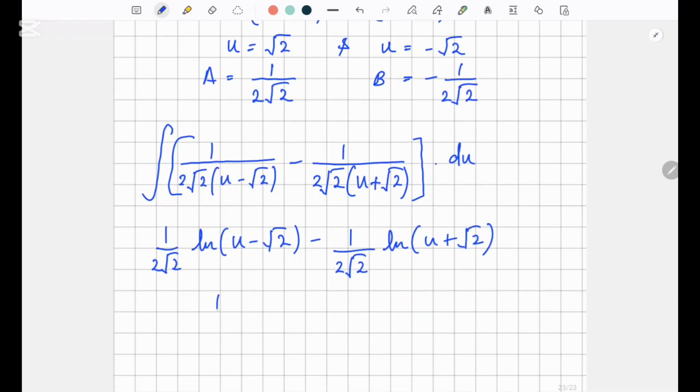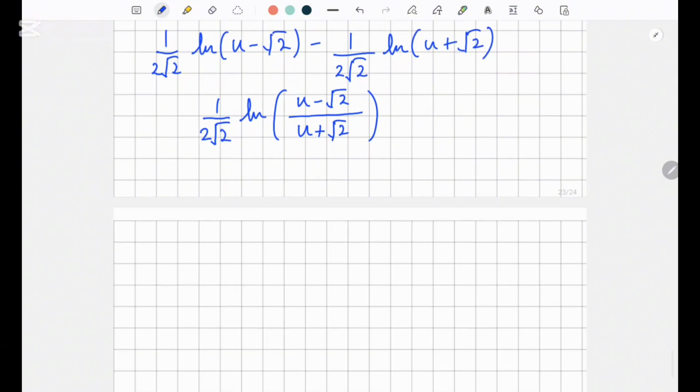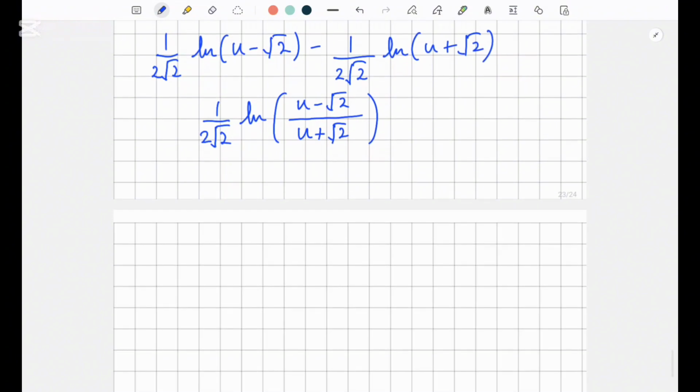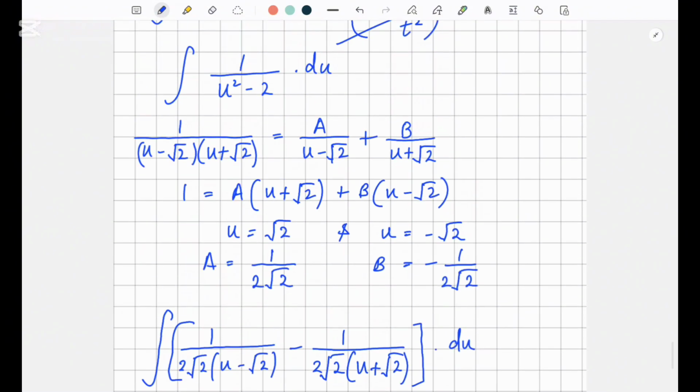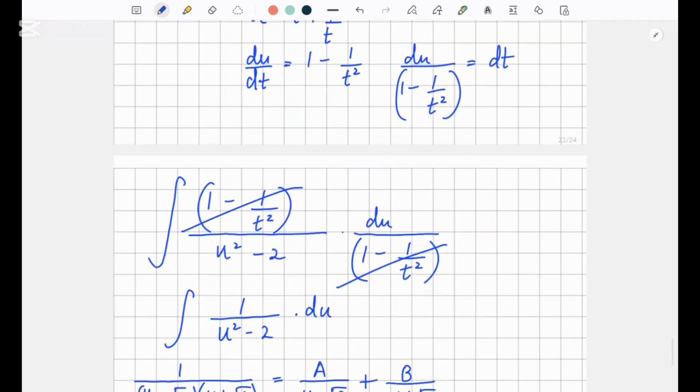So you could also write it as 1 over 2 root 2 ln u minus root 2 over u plus root 2, since subtraction means division in logarithmic terms, right? So your final answer in terms of u would be, what was the answer we got previously?